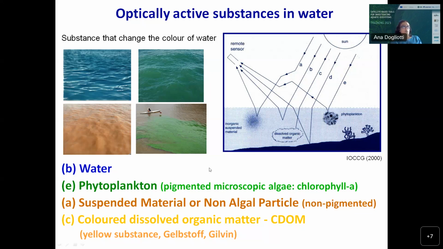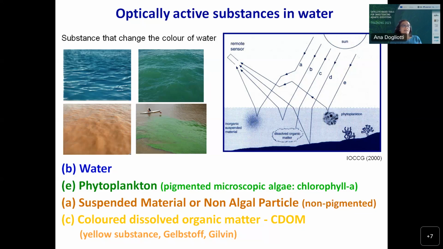Also, what we call suspended material, or non-algal particles, because these are particles suspended in the water. Phytoplankton too are particles, but in this case, we separate them by whether they have pigments or not. So non-algal particles are particles that are not pigmented.